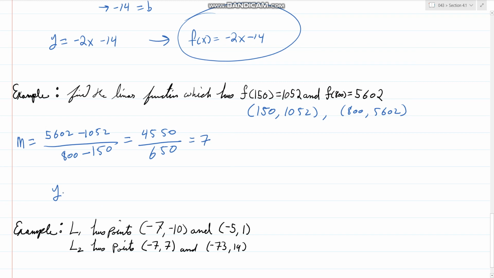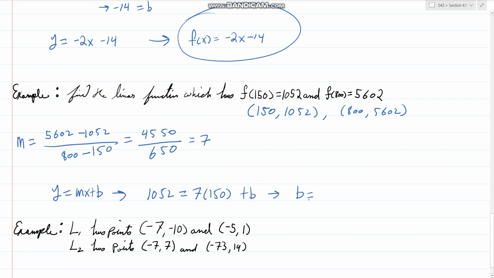Now I need to find the y-intercept. So y equals mx plus b can become, I'm going to pick my favorite point. I'll just pick the first one, but I can pick either point that I want to use. So 1052 equals 7 times 150 plus b. Okay, so I want to solve for b.